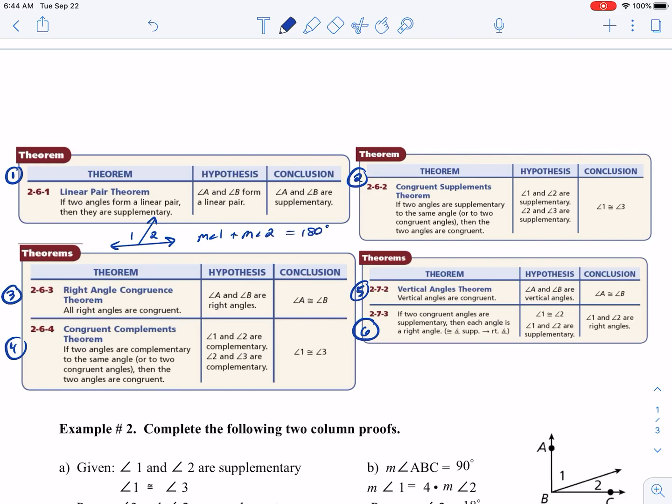Okay. For congruent supplements theorem, the congruent supplements theorem states that if 2 angles are supplementary to the same angle, then those 2 angles have to be congruent.